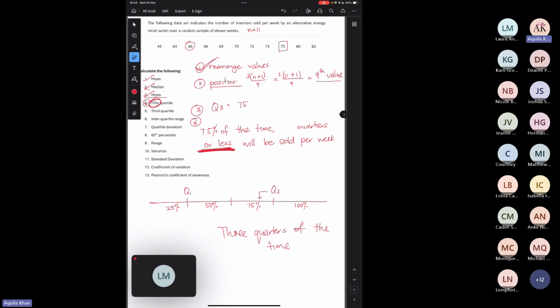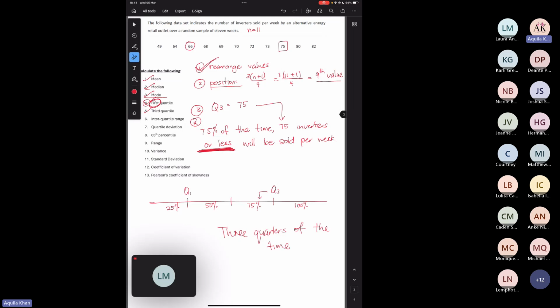So 75% of the time, take your answer and plug it in here. 75 inverters or less will be sold per week. Okay, so again, the words or less must be included in your interpretation. So 75% of the time, or 3/4 of the time, 75 inverters or less will be sold per week. Okay, so that's number 5.